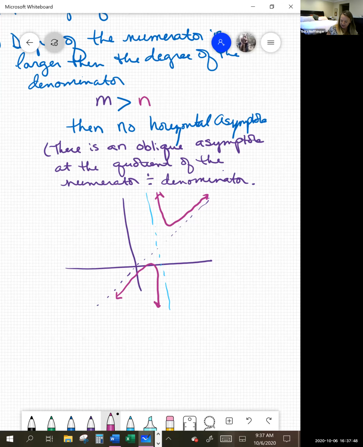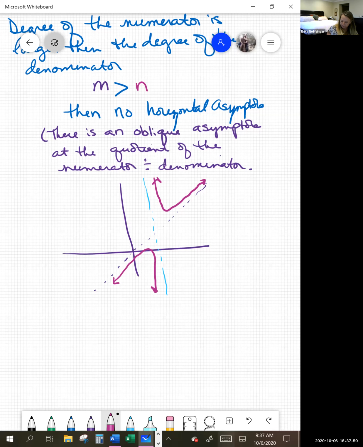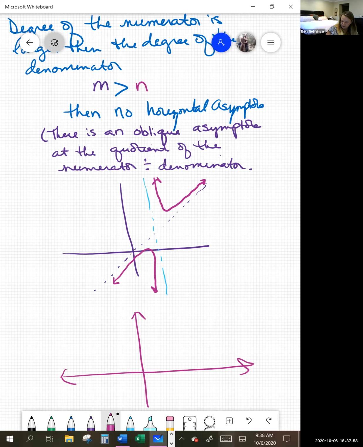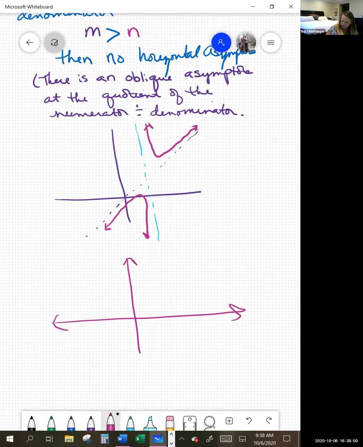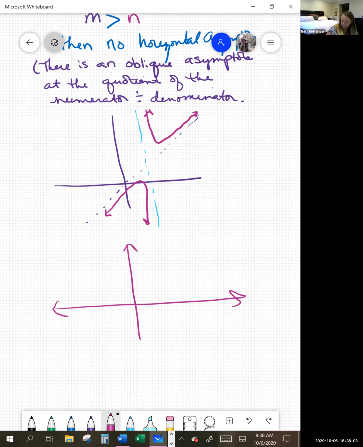You might have something where the oblique was a parabola, hugging this shape as it goes off to infinity.